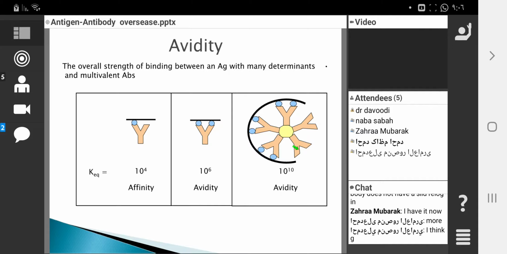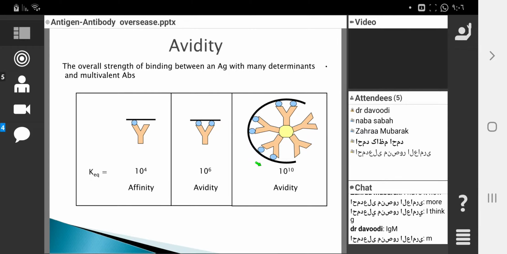But how about this? How many subunits does it have? 1, 2, 3, 4, 5. It has 5 subunits. So which type of antibody is it? Yes, it is IgM, with 5 subunits.